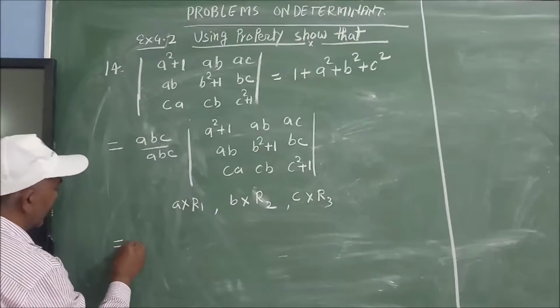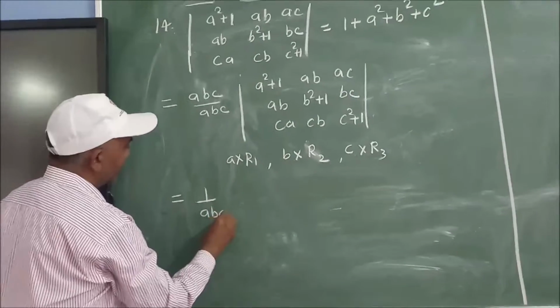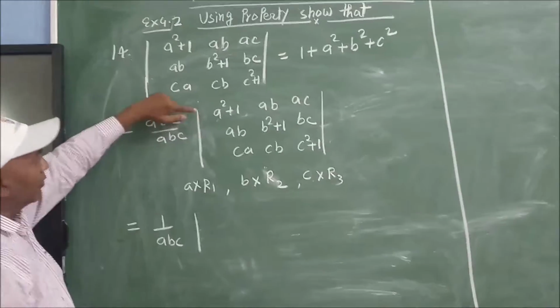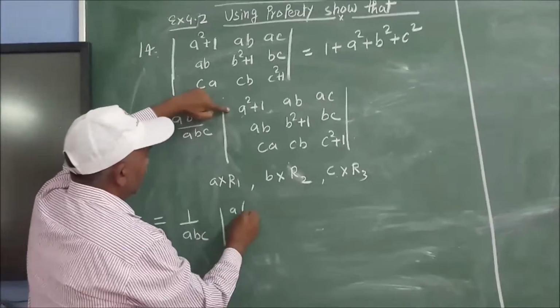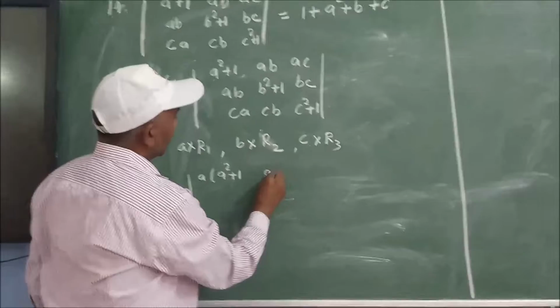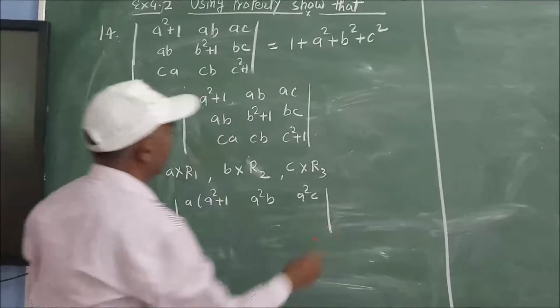So this can be written as, here remaining term will be 1 upon abc, multiplied with a. So see here what I have to write, a into a square plus 1. Here is your a square b and here is your a square c, like this.